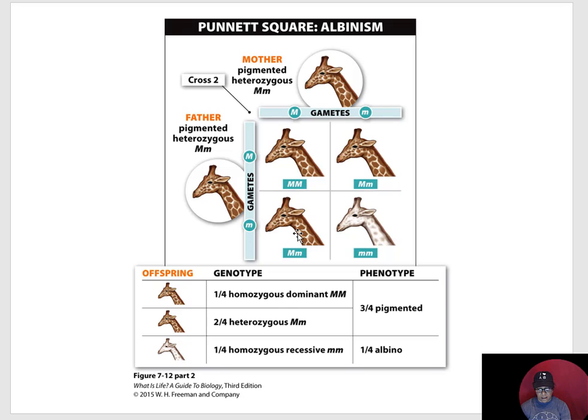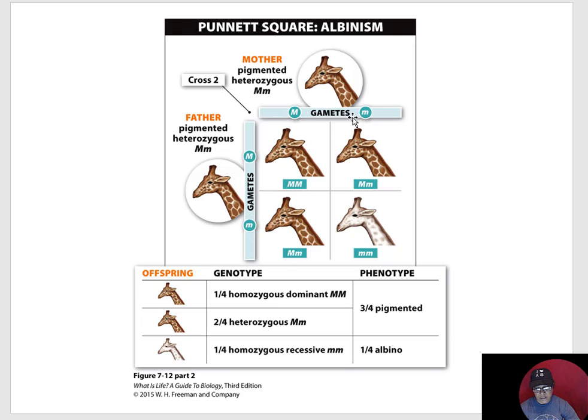And then this last individual, when we look at the genotype, again, we bring over the lowercase m here, and we bring down the lowercase m here, and we can see this individual is now homozygous recessive for the pigmented gene, and we know that that results in an individual that is phenotypically expressing albinism, okay?